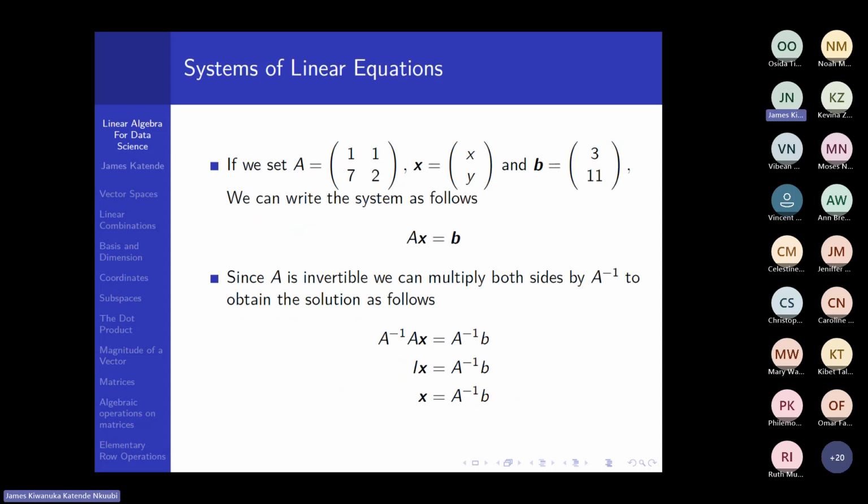The theory is here. If you write the equation in matrix form, you have A, then a vector X representing the variables, and the right-hand side vector, which we call B. If you multiply both sides on the left by the inverse of the coefficient matrix, you end up with the solution X as A inverse multiplied by B.